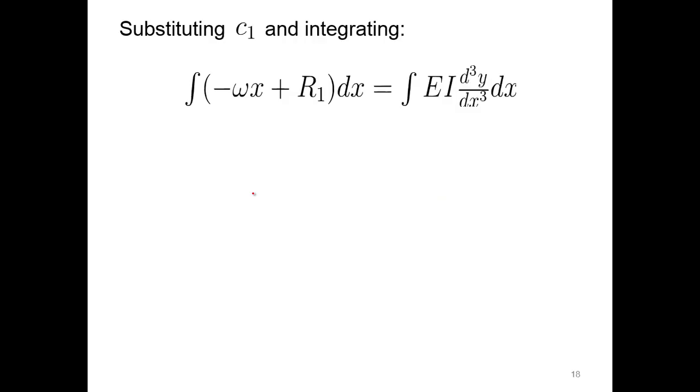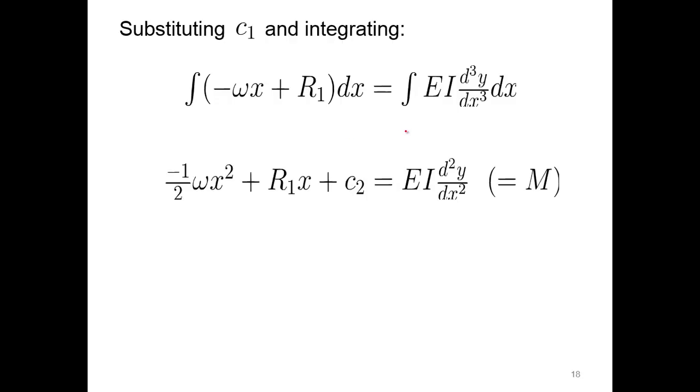Moving forward, we take our equation for the transverse shear force and integrate that with respect to x. Remember, this was our equation from the previous slide. If we integrate that, we get negative 1/2 omega x squared plus the reaction force at node 1, times x, plus C2.